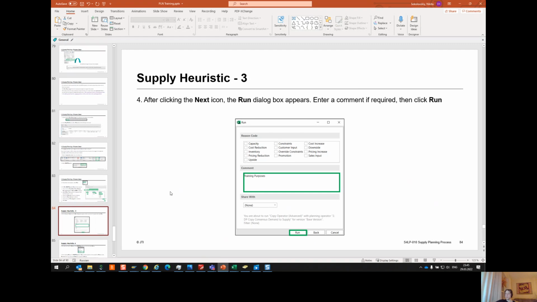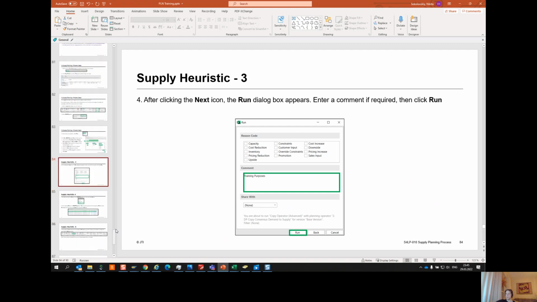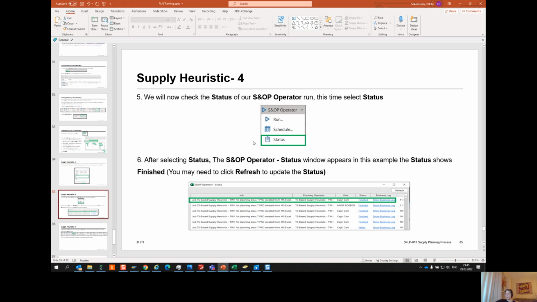They select some more additional options, maybe then provide some comments if other planners will check this run of heuristics. And then they see the status.